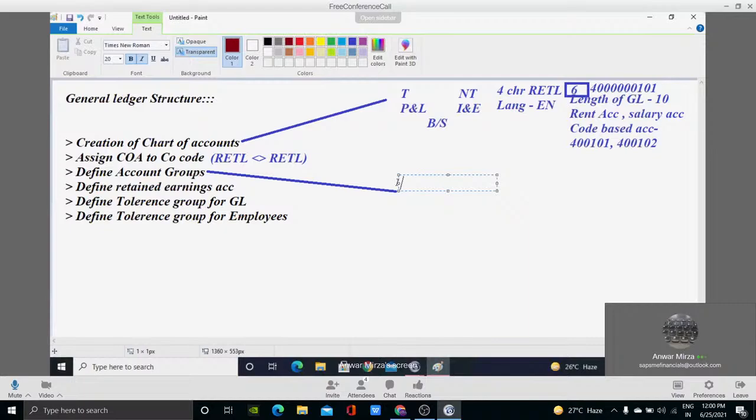Sir, for the end user to make it clear. Right, grouping is quite important, sir, for making the transactions clear for the end user.